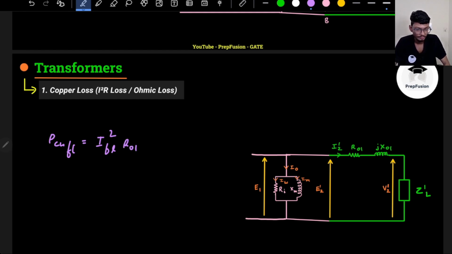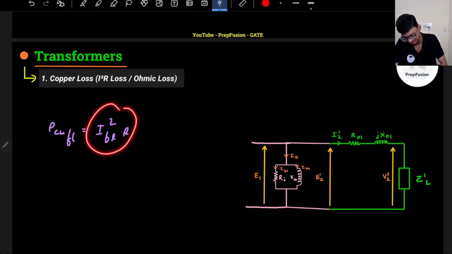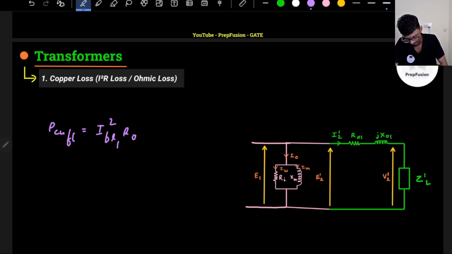Depending on which side I am on, this is IFL1 if I am at the primary side, and IFL2 if I am on the secondary side, the full load current of that side.